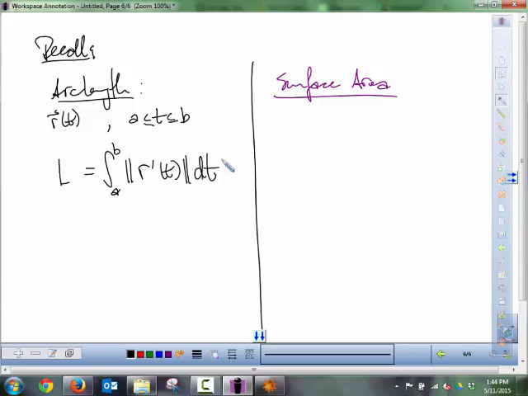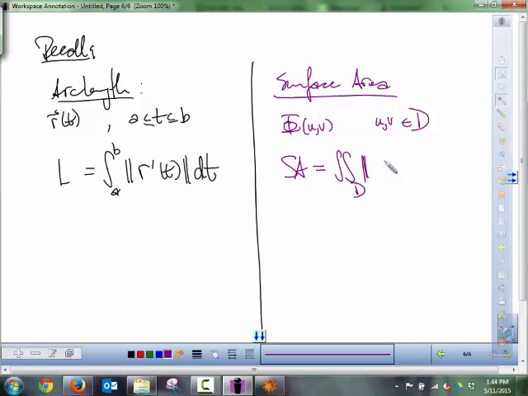Okay, we did something else to this, and we'll take a look at it in a minute. But now the equivalent here is that we have a parameterization phi of u and v, and then the uv is going to be part of a domain D. And so now we found that the surface area is equal to a double integral over D of the magnitude of some sort of derivative.